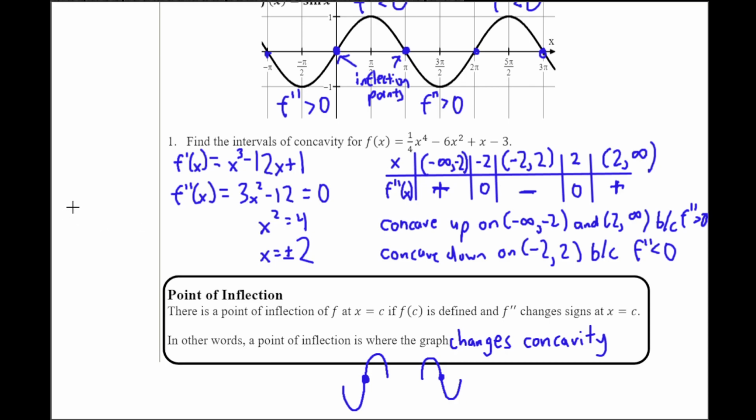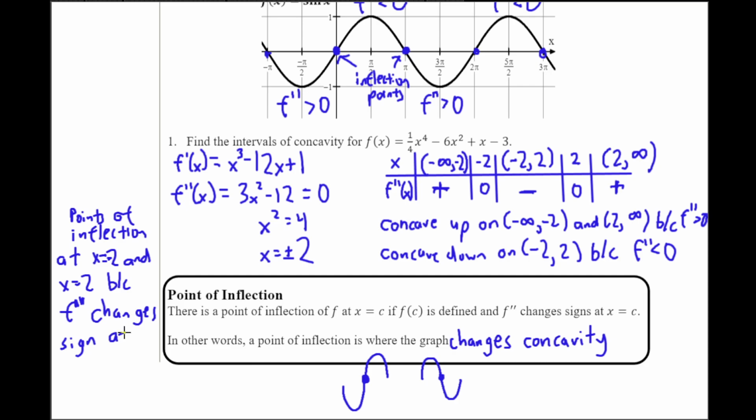So we can write points of inflection at x is equal to -2 and x is equal to +2 because f double prime changes sign at both points.